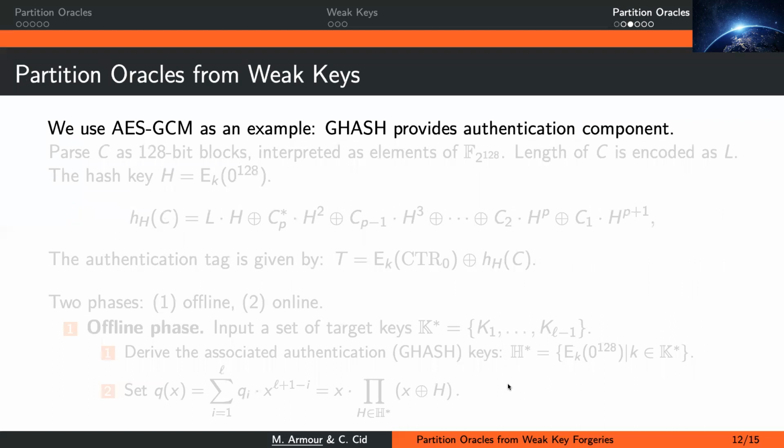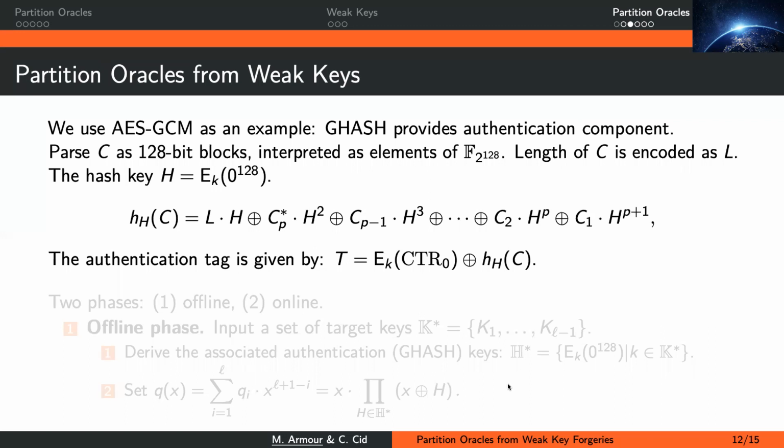Okay, so partition oracles from weak keys. And I'm going to use AES-GCM as an example. So for AES-GCM, there's the encryption, which I'm not going to talk about, and there's the authentication component, which is done by something called GHASH.